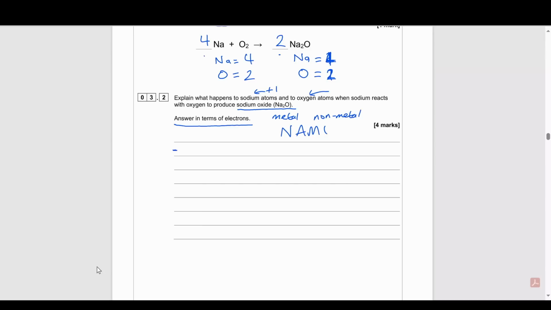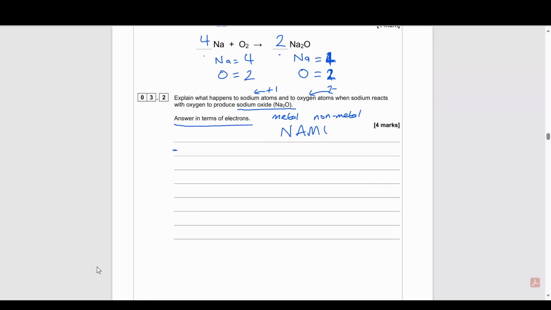So for it to gain a full outer shell, it would need to gain 2 electrons. So when it gains 2 electrons, it would then have a 2 minus charge. So this means then that each of the sodium atoms that we have would lose 1 electron and give it to this oxygen atom.